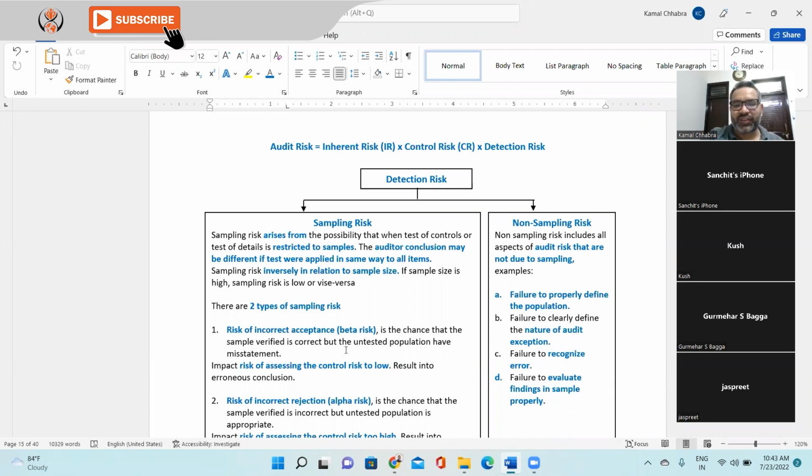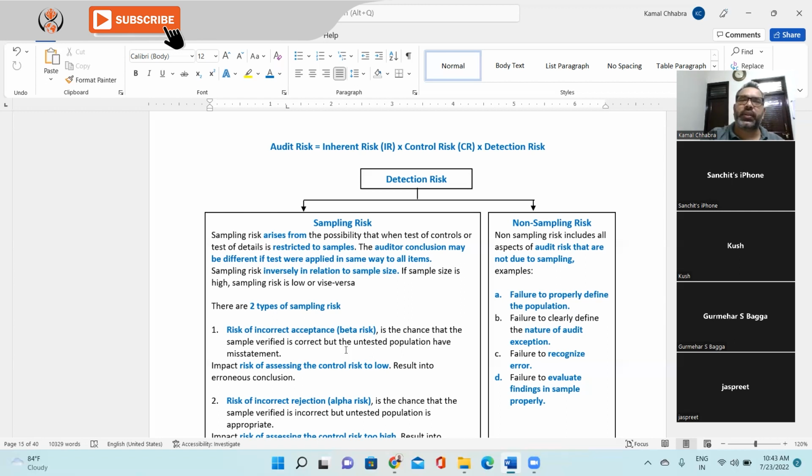What is control risk? Sir, the management control would not be able to detect or prevent the material misstatement in a timely manner. Yeah, prevent, detect, and correct the material misstatement in a timely manner, right?